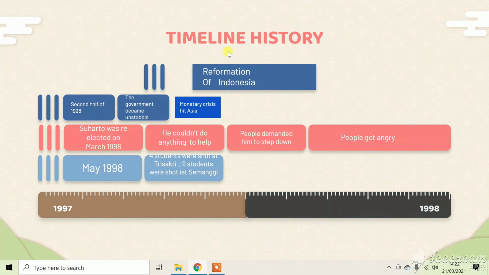What is a timeline? A timeline is a line, garis, that shows the time when each event happens, like here, which one happened first, which one second, third, the last. It is the example of a timeline, history of the Reformation of Indonesia. I think we have talked about it just now.